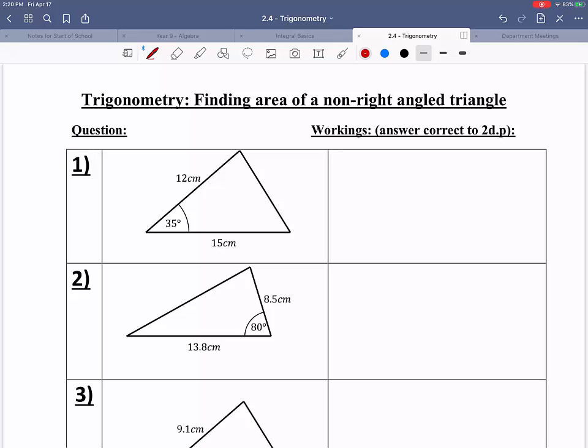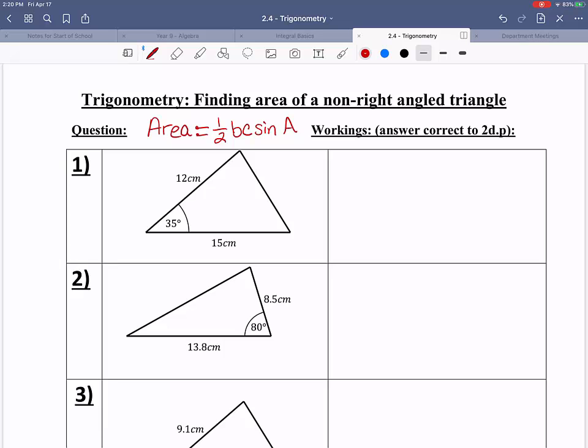So, the area formula, if you know angle A, is the area equals 1/2 B times C times the sine of angle A. Okay, I'm going to use the formula in that form for this first problem.